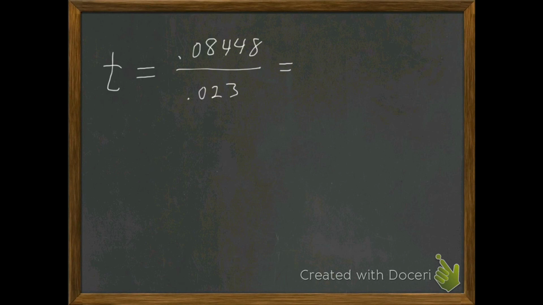I'm just going to use my calculator for this. So 0.08448 divided by 0.023, we get a test statistic of positive 3.673. This tells us that our sample estimate, B1, is 3.673 standard errors above the claim that beta 1 is equal to 0. So it appears from here that we are going to reject the null.